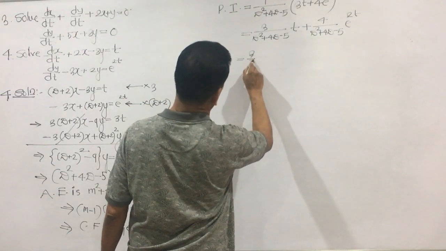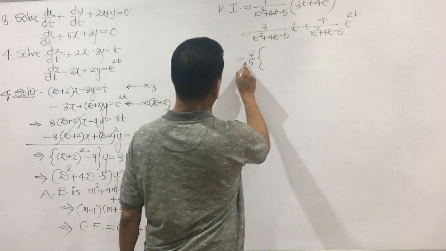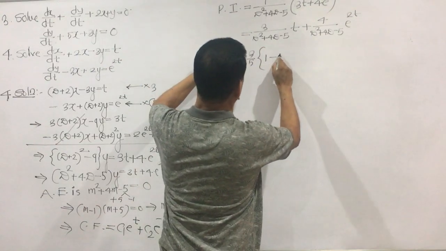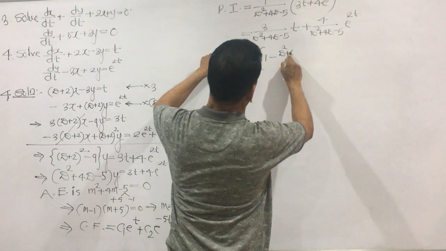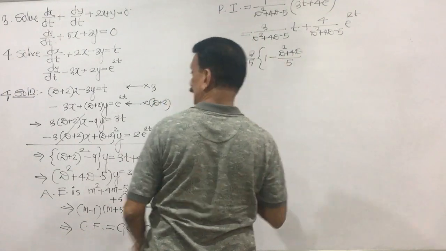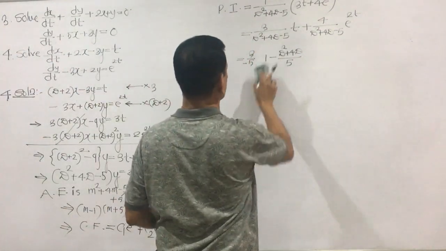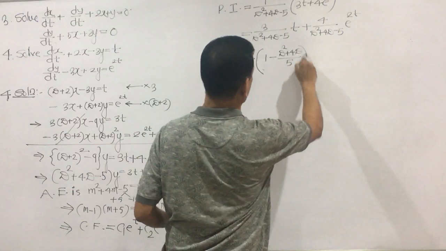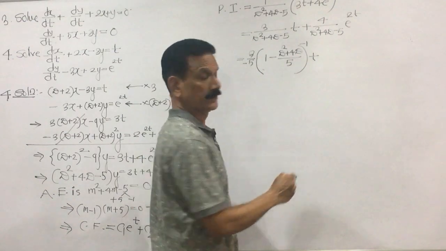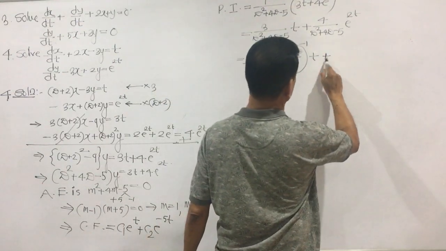I write here 3 by 5 and see, my dear friends, I write minus, I take minus common. So it is 1 minus see here D square plus 4D divided by 5, I write this raised to minus 1 operated on t, plus we know the method f of a. Last year you have studied that in the previous SEM.